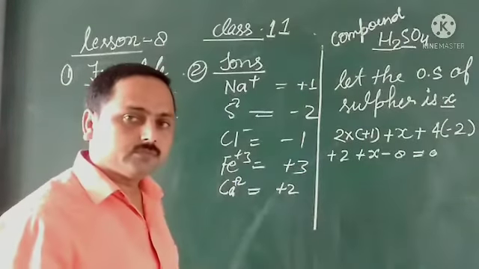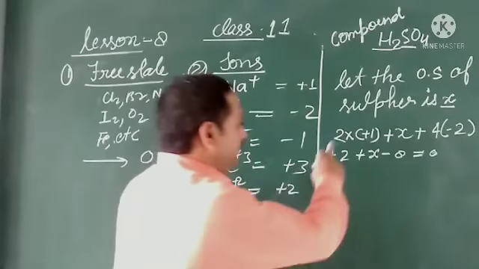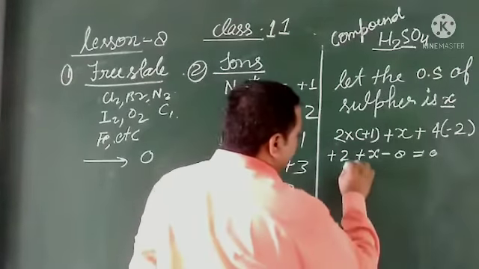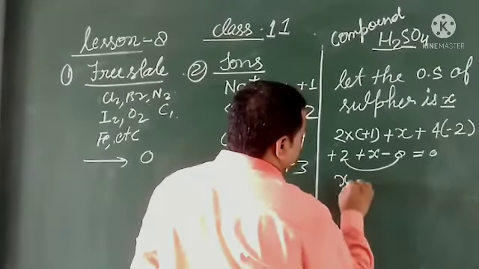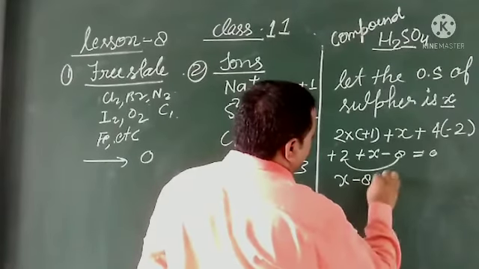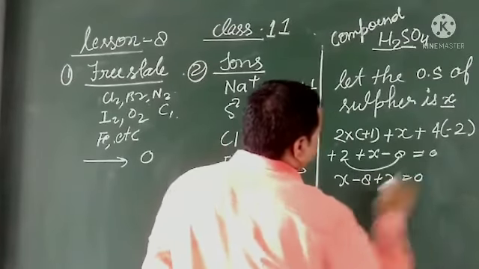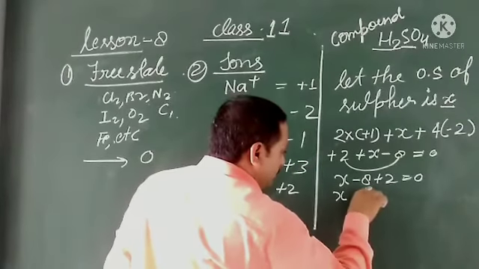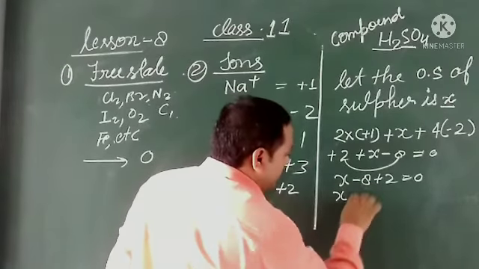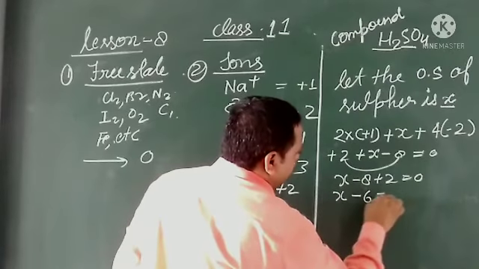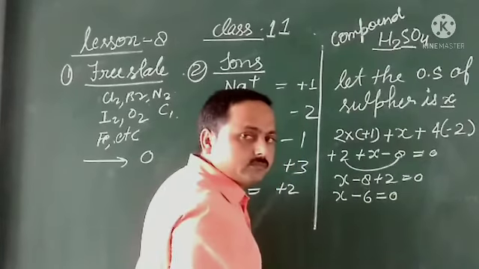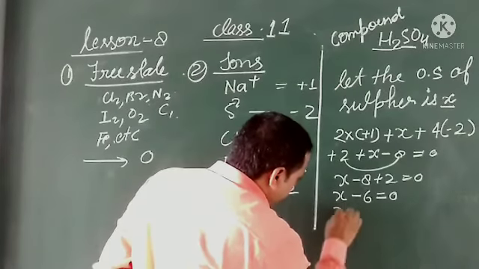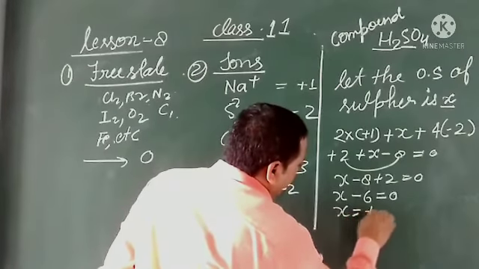Clear? We will remove the brackets and multiply. Then we will solve these. So X minus 8 plus 2 equals 0. So minus 8 and plus 2 will be minus 6, so X minus 6 equals 0, and X equals plus 6.